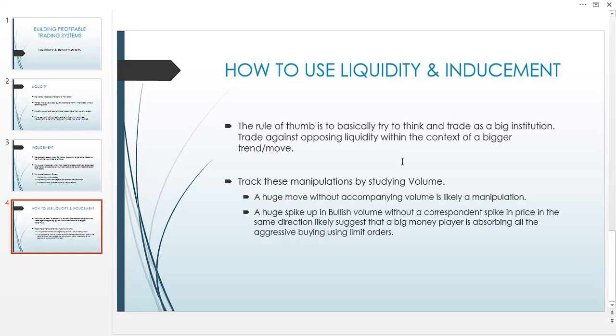So you will see one first huge spike. I'm using the bullish kind of manipulation right now. So they want to sell and they want to manipulate people to think the price is bullish. So what do they do? They place huge buy orders, or place huge buy trades.